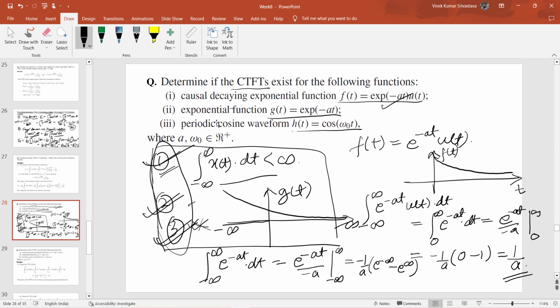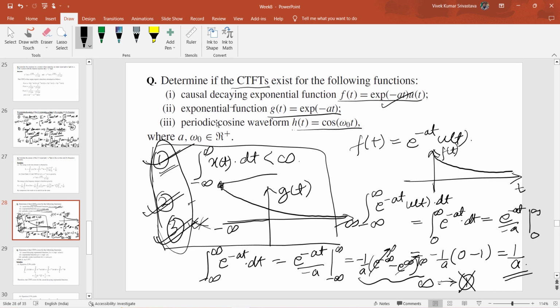If you can see here, the value of this expression will be unbounded, it will be infinite, because e raised to the power minus infinity will be 0, but e raised to the power infinity is infinite. Basically at minus infinity we cannot say what the value will be here. So that's why this is not bounded. It means condition 1 is not satisfied, so the Fourier transform of this function will not exist.